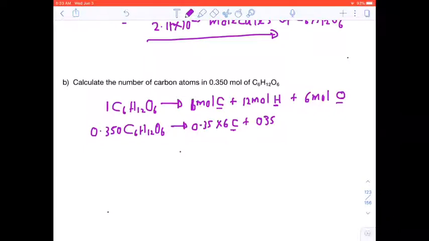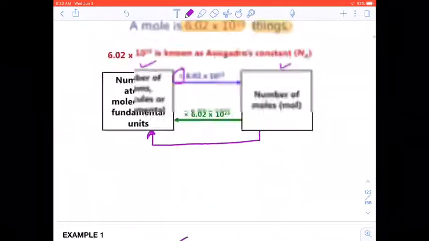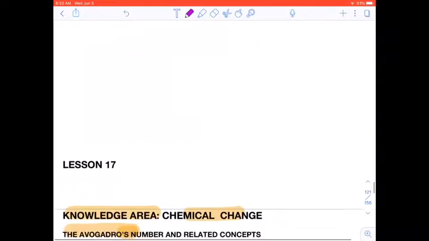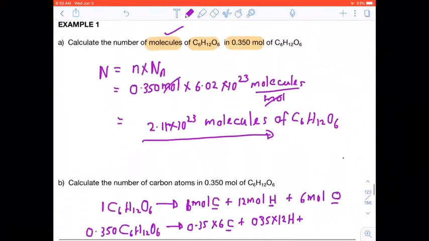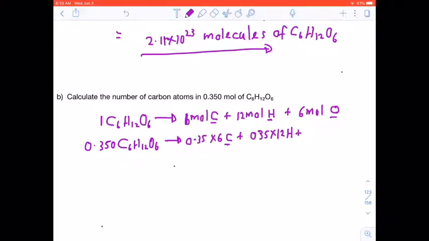And then we have 0.35 times 12 of hydrogen, plus 0.35 times 6 moles of oxygen. That gives us 0.35 times 6 is 2.1 mole.